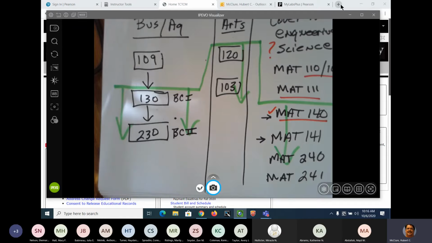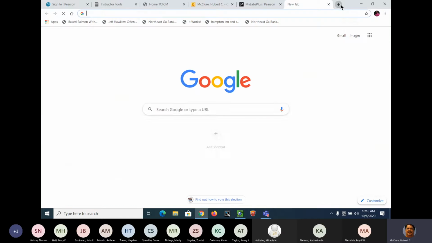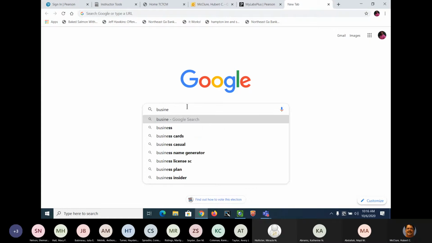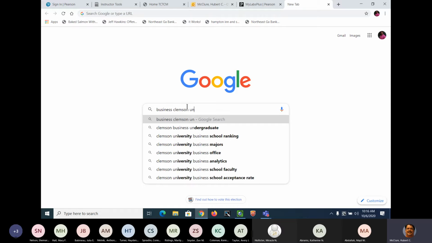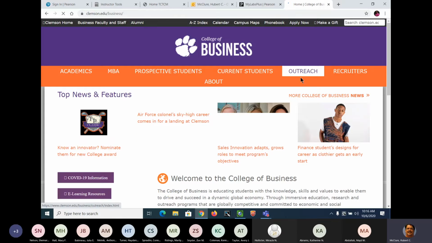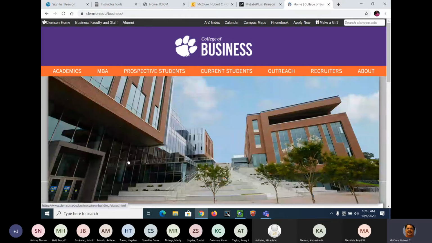You can go to Google, and I tell this to all my advisees. Let's say business, Clemson University, and look for undergraduate. You can go somewhere under here, and I usually can find it.